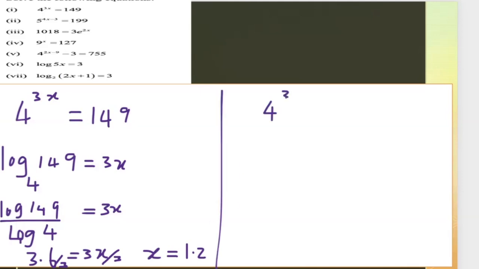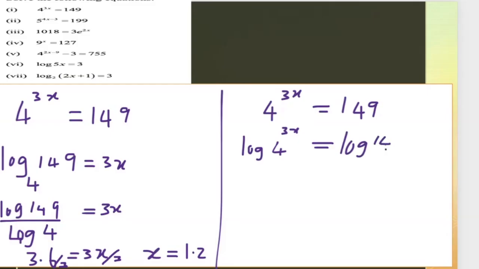So I have 4 to the 3x equal 149. We log both sides. So you're going to have log 4 to the 3x equal log 149. And then you carry the power in front. Remember, powers can go in front. So you have 3x log 4 equal log 149.